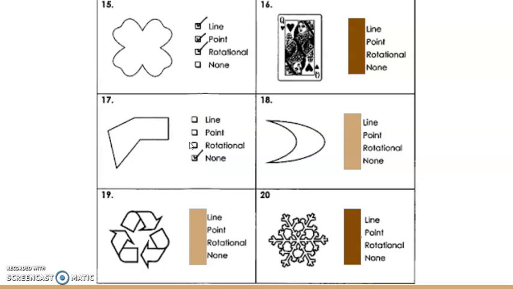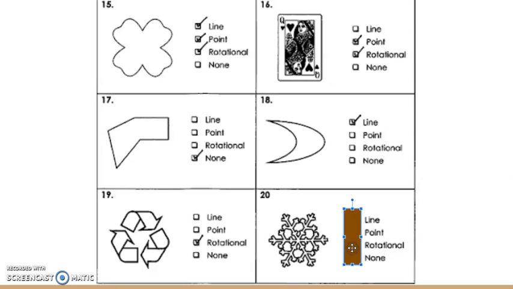When you're doing these and looking at them, I highly suggest being able to draw or write out some stuff. You can always put a point on your computer to see if it would work for rotational or point symmetry, and you can use your mouse to do an imaginary line. For number 18, if we did a vertical line, that would not work, but we can do a horizontal line to get line symmetry.